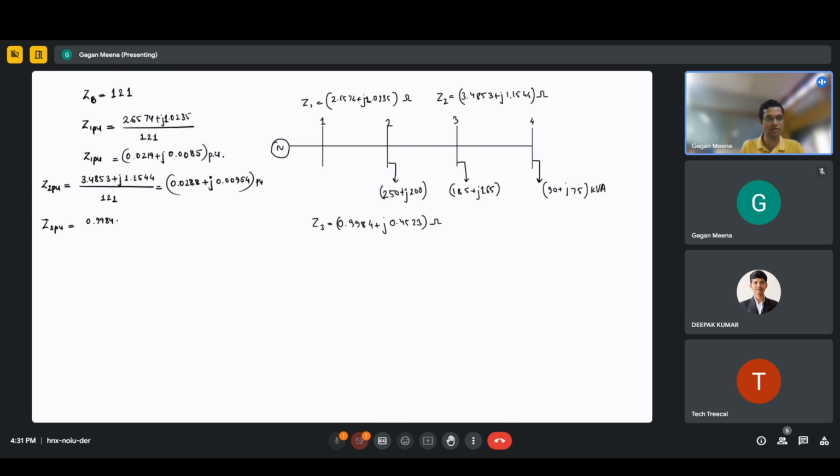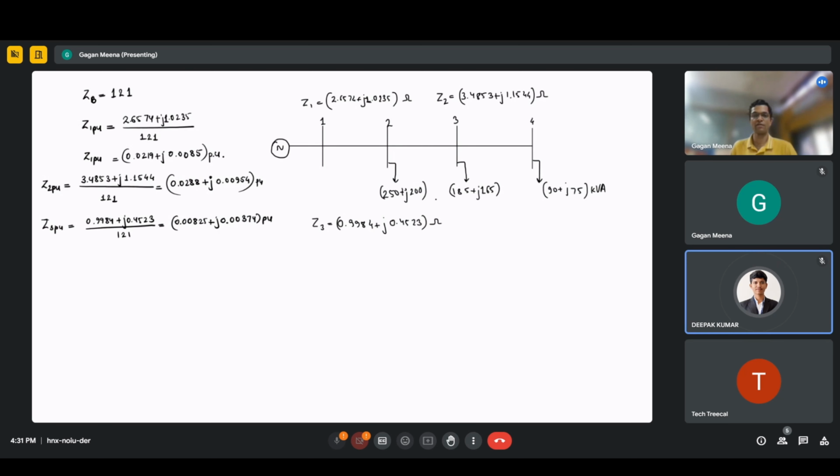And then the last one is Z3. How much? 0.00825 plus j0.00373.